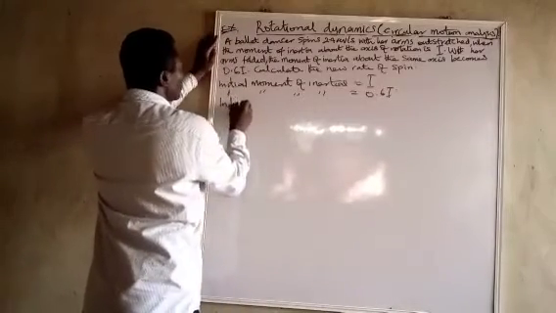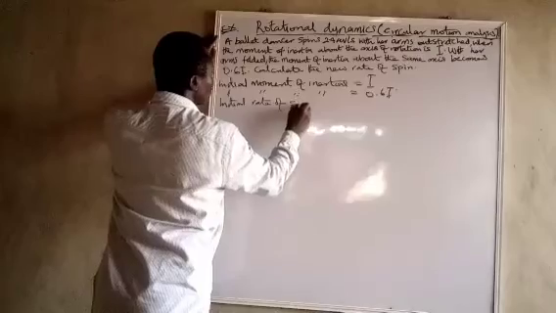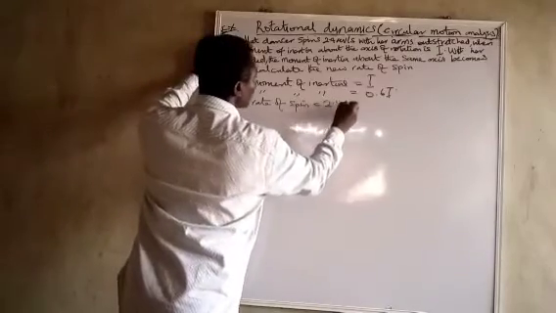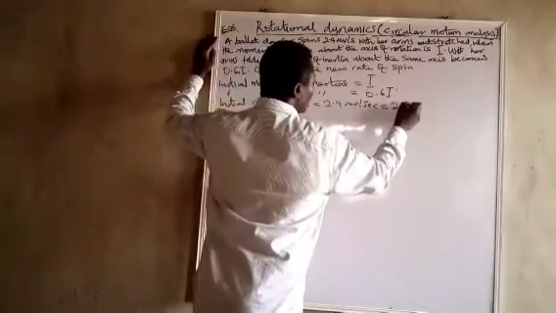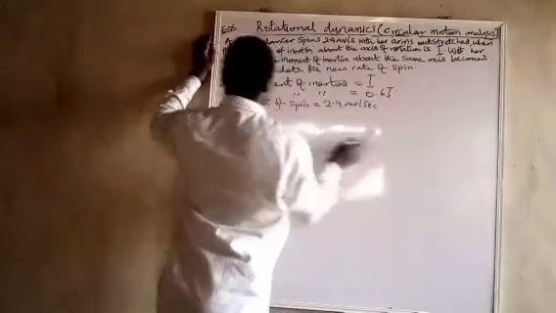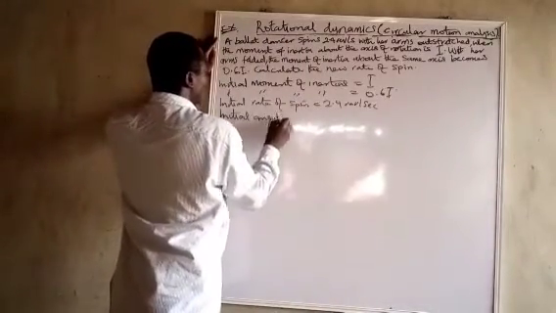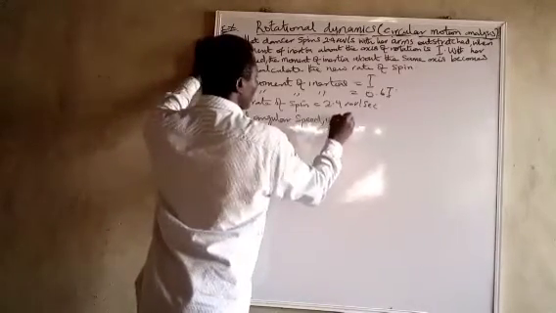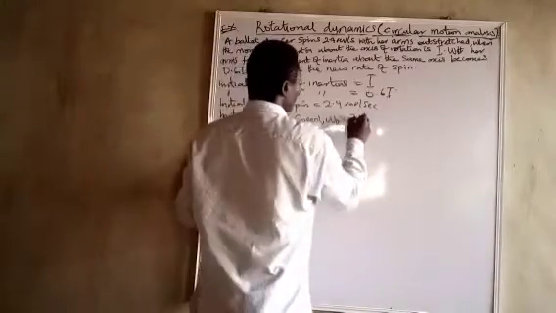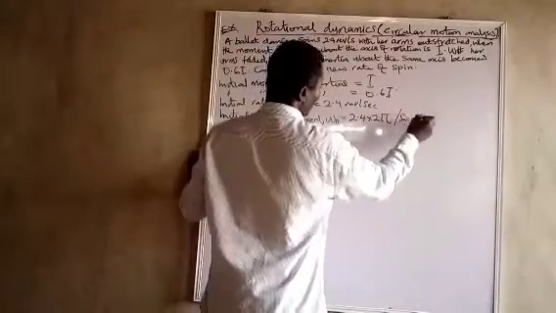Initial rate of spin is equal to 2.4 revolutions per second. Initial angular speed is equal to 2.4 times 2 pi per second.